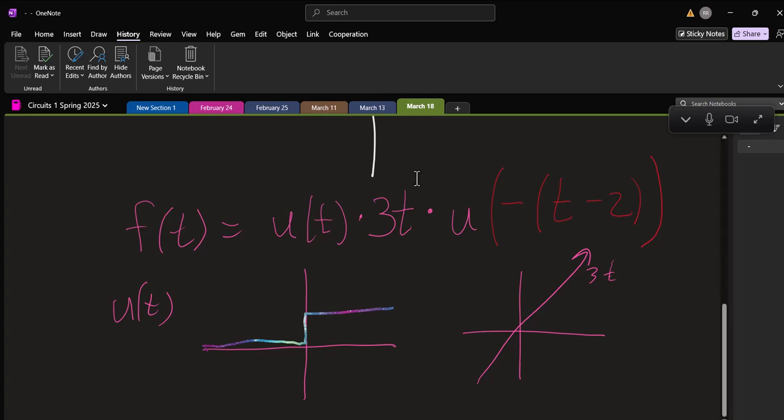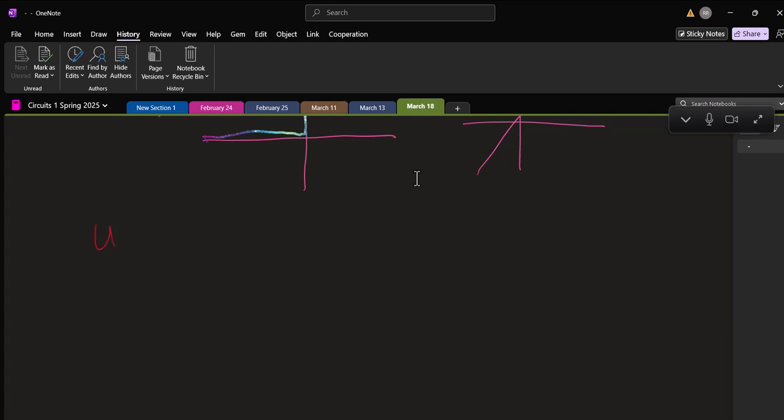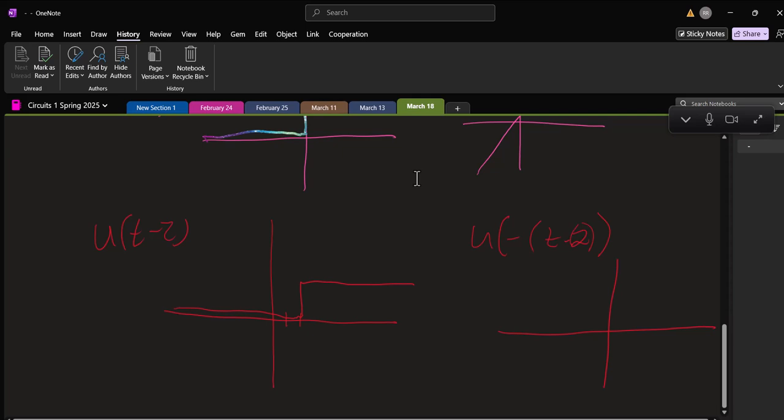So what that does, when I have u of minus t minus 2, so u of t minus 2 shifts it to the right by 2. So u of t is 0 and then 1. U of t minus 2 shifts it to the right by 1. But then u of minus t minus 2 reflects that whole thing, so then it becomes that.